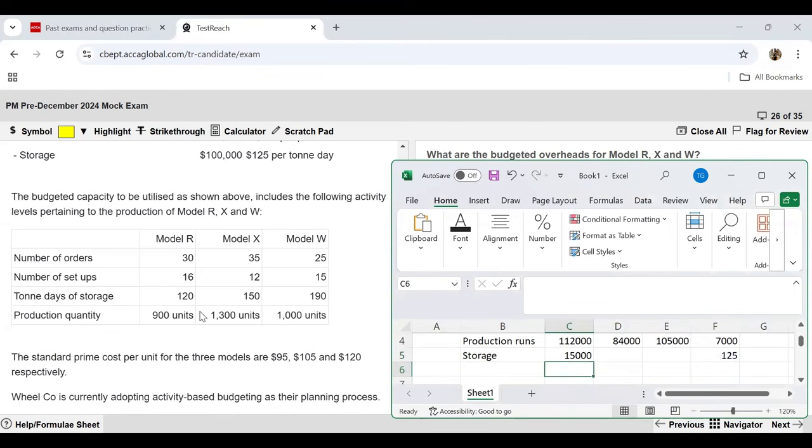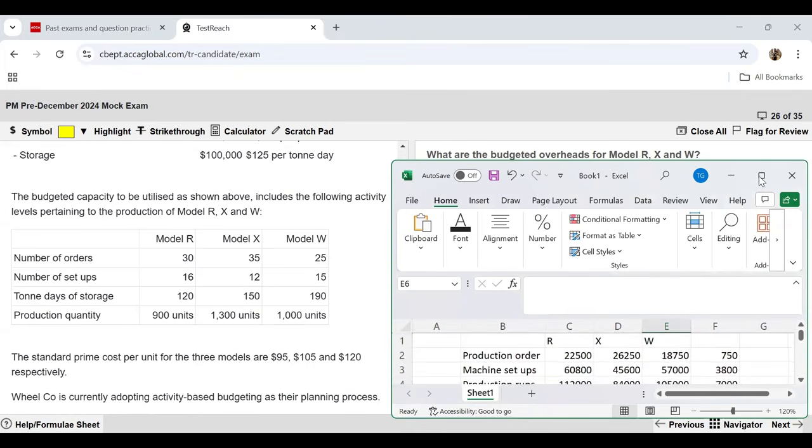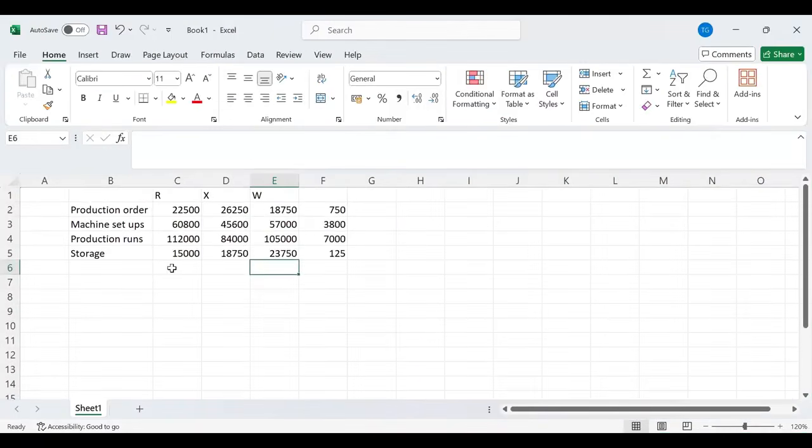So this gives us 15,000. Similarly, I'm going to do it for the other models. Model X is 150. And then you have for the next one, it's 125 multiplied by 190. So this is how you arrive at all of the distributions of the three models that you have.